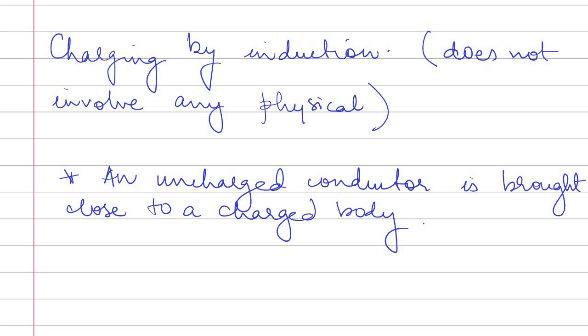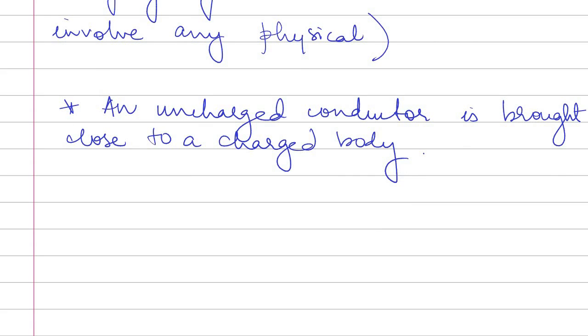Now the nearer side of the uncharged conductor develops opposite charge to that on the charged body, and on the far side of the conductor, it will develop a charge similar to that of the charged body. So this is known as induction.